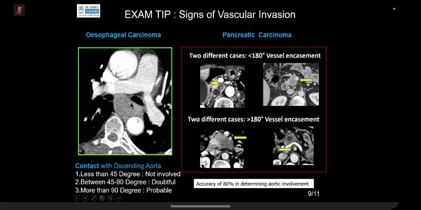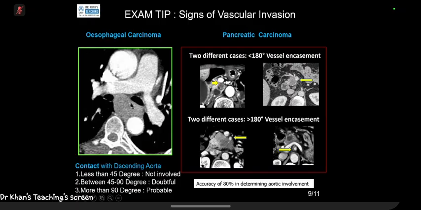So if you see this is the aorta, what we are talking about is the contact between the tumor and the vessel. The tumor is low density. You remember usually there is fat there. Now, if I draw a line like this, and a line like this, this will be 90 degrees, 90 degrees, 90 degrees, 90 degrees.